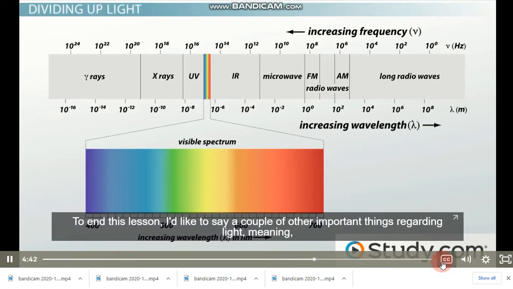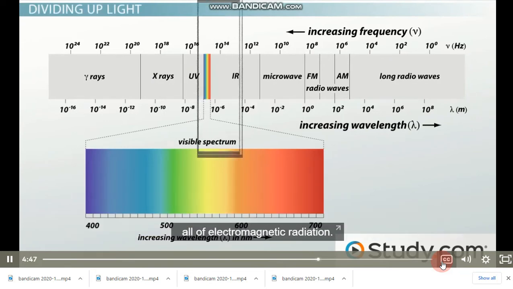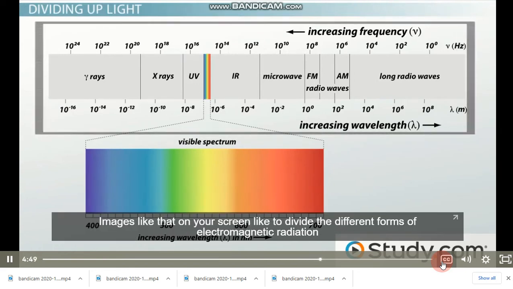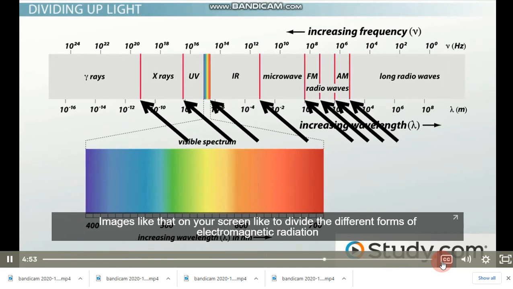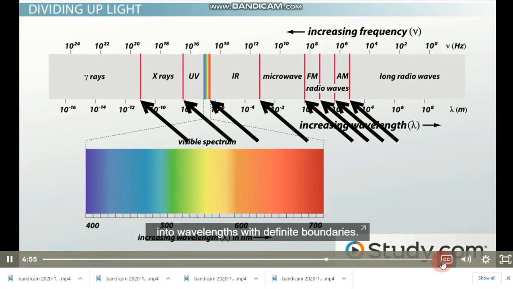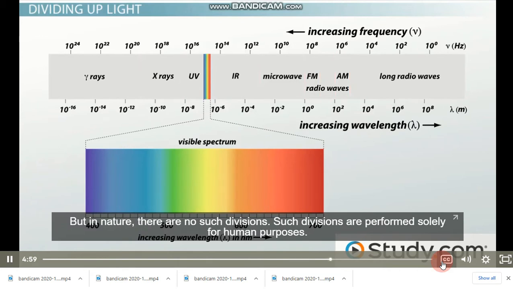To end this lesson, I'd like to say a couple of other important things regarding light, meaning all of electromagnetic radiation. Images like that on your screen like to divide the different forms of electromagnetic radiation into wavelengths with definite boundaries. But in nature, there are no such divisions. Such divisions are performed solely for human purposes.